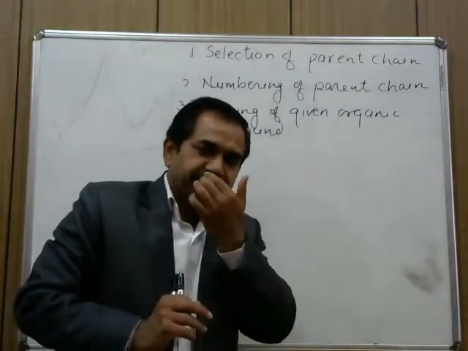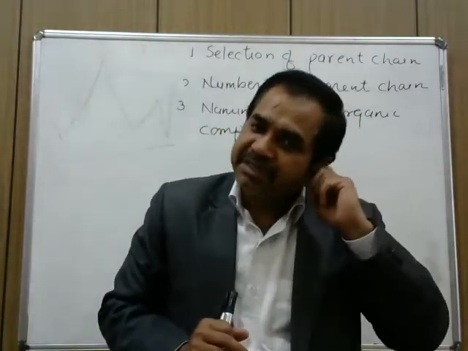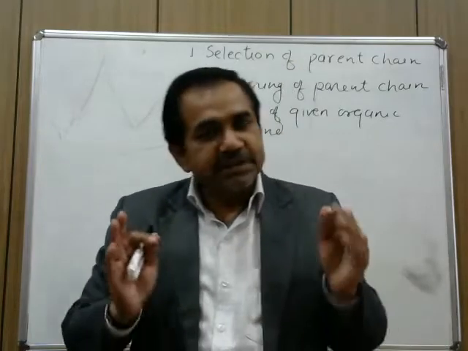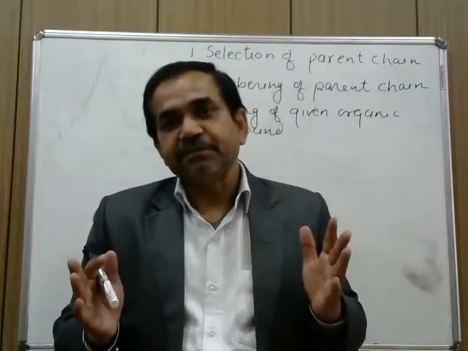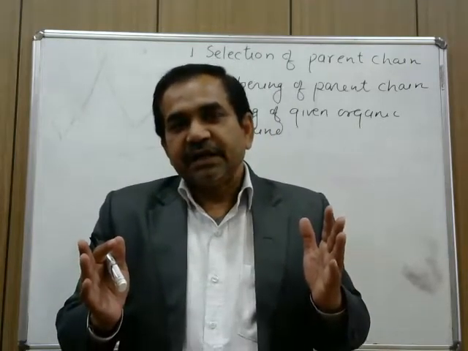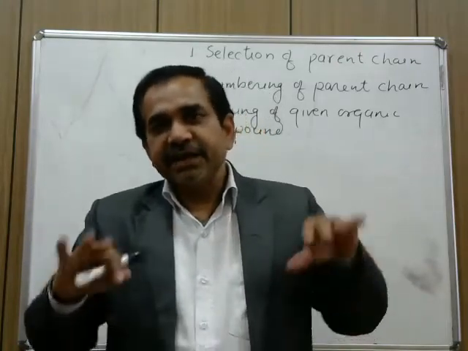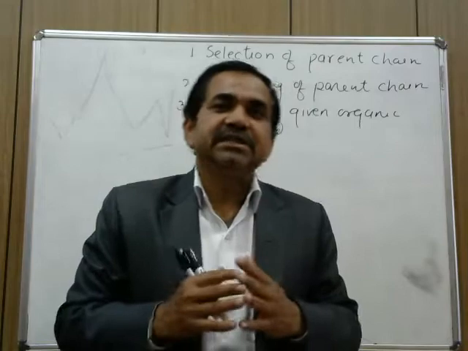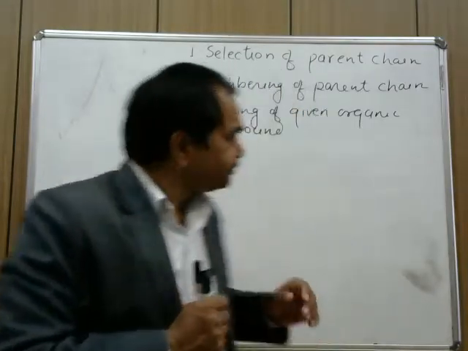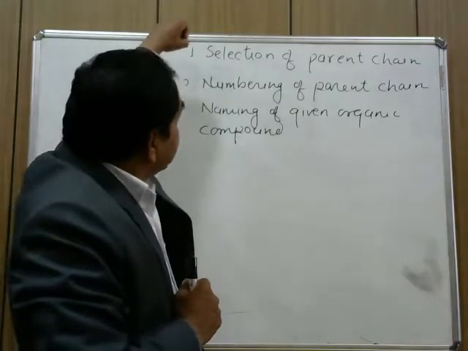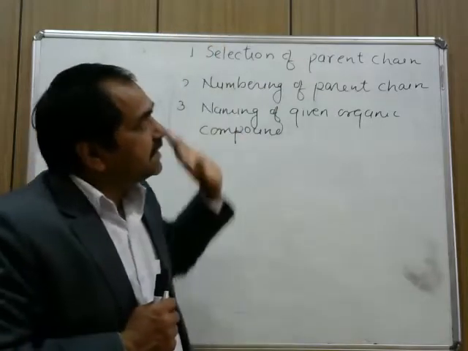As I told you, that IUPAC system of naming is also called as substitutive nomenclature, in which we suppose that given organic compound was basically a hydrocarbon, and in its current form it has come by replacement of one or more hydrogen atoms of that parent hydrocarbon, and that is how this first step enables us to identify that parent hydrocarbon.